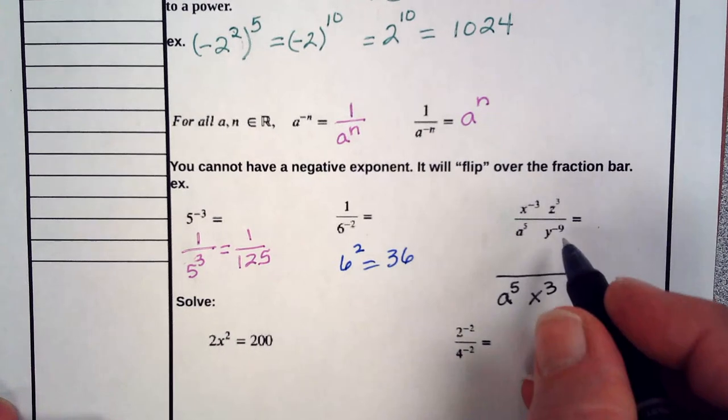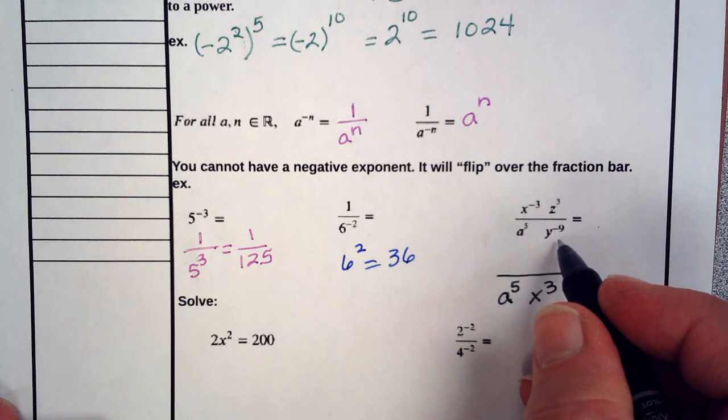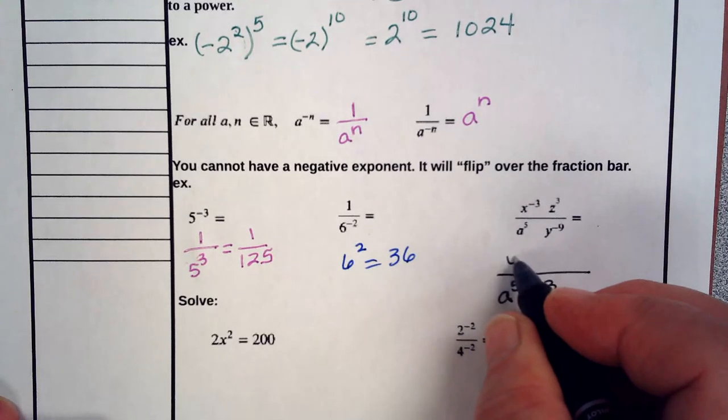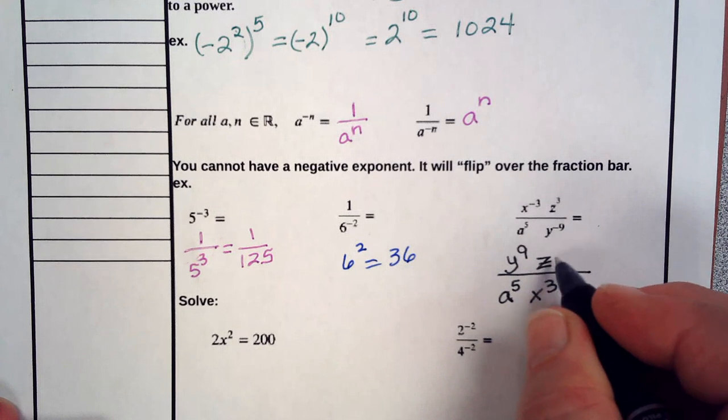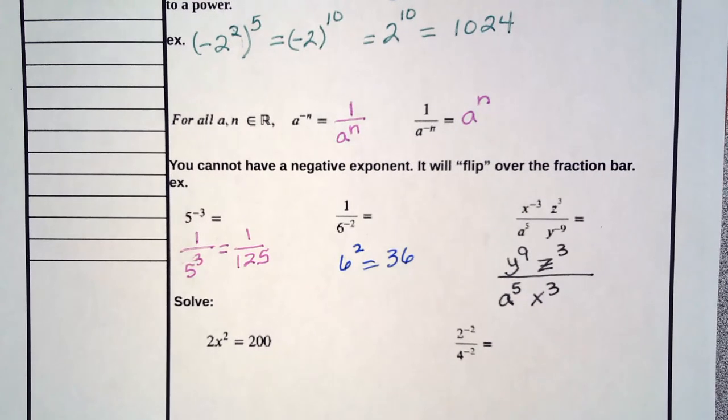Okay, y to the -9th. It's down below, that means it will flip up above. And z is positive, and we are done. So all you're going to do is if it's negative and up above, put it down in the denominator. If it's in the denominator and negative, put it up into the numerator.